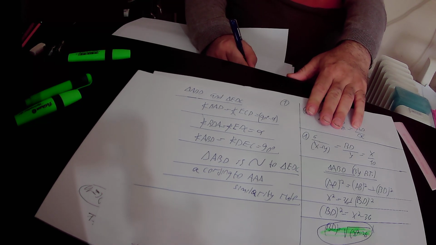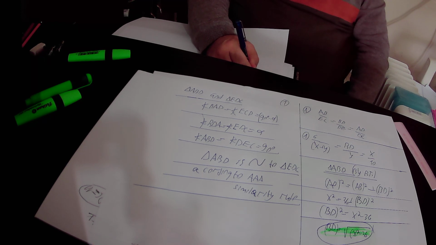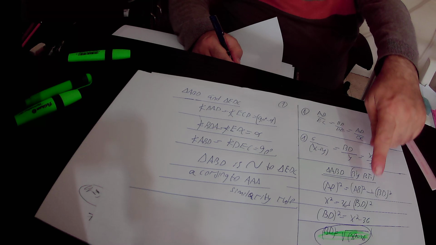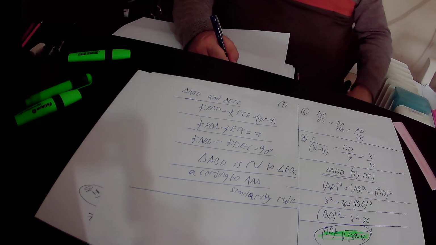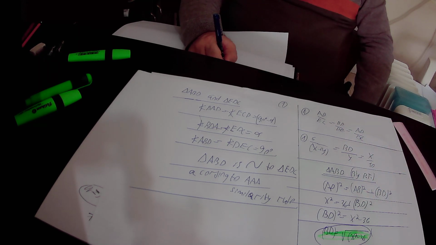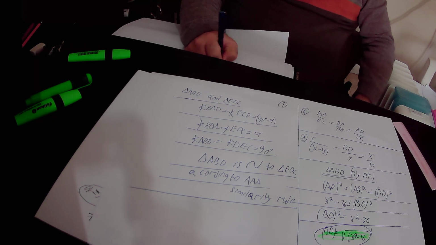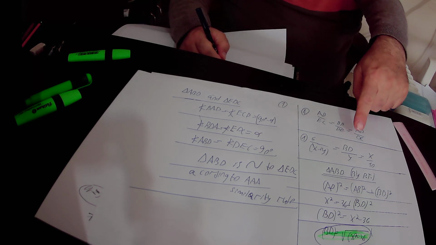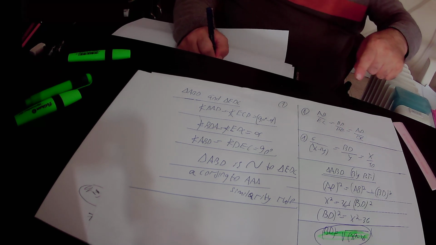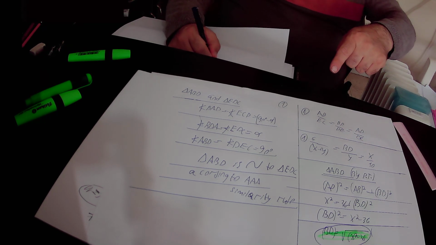We will do it now and we get that according to equation number 1, 6 over x plus y is equal to BD, and BD equals the square root of x squared minus 36, over y, and it is equal to x over 10.